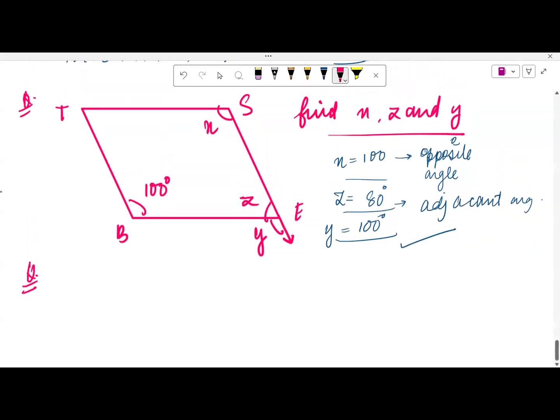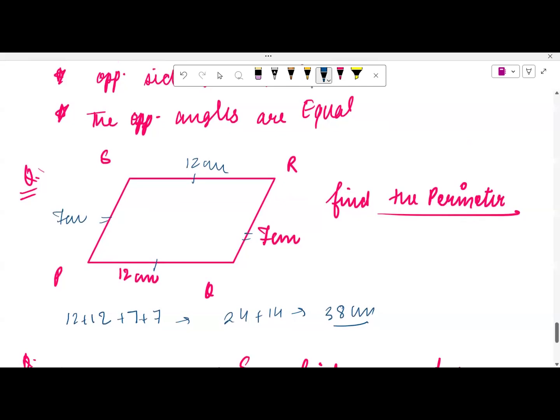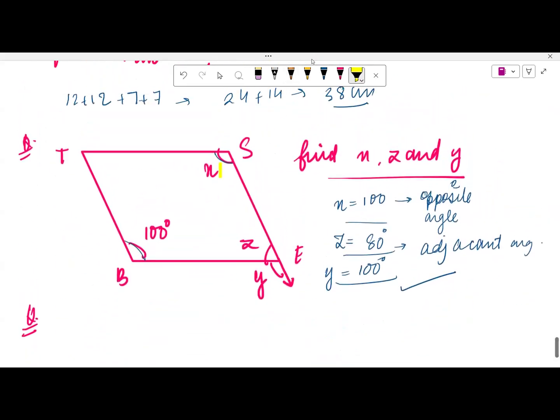Okay, see. So first of all, you have this angle S will be equal to 100 degree. Why? Because these are opposite angles, right? So opposite angles are equal. That is why this S and B will be equal to each other, right? Now next is basically the adjacent angles are supplementary to each other.